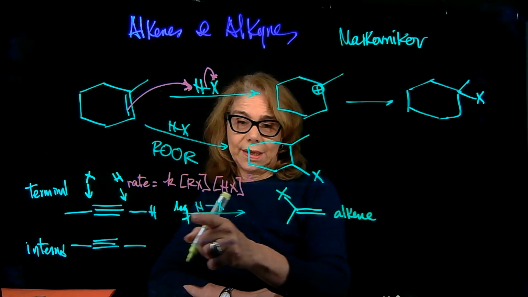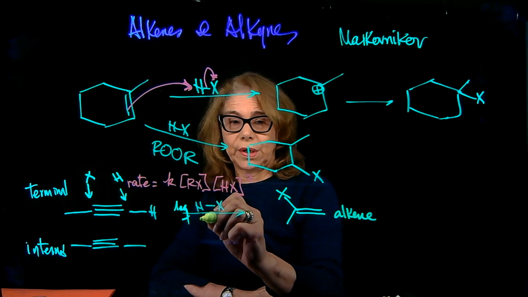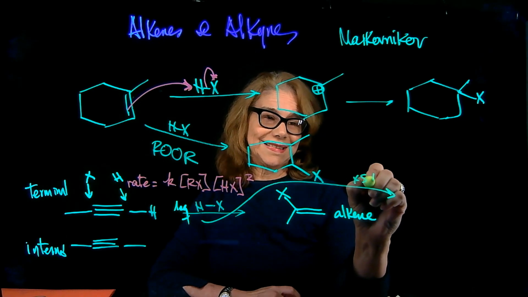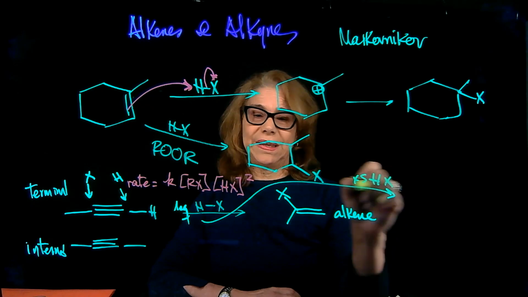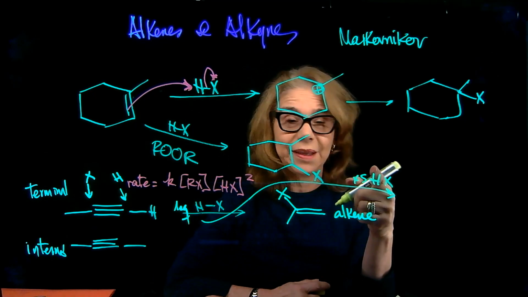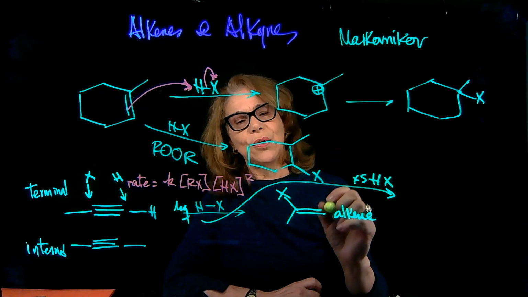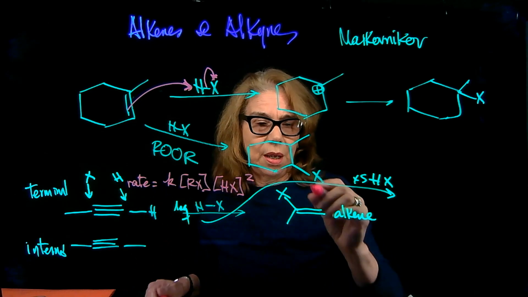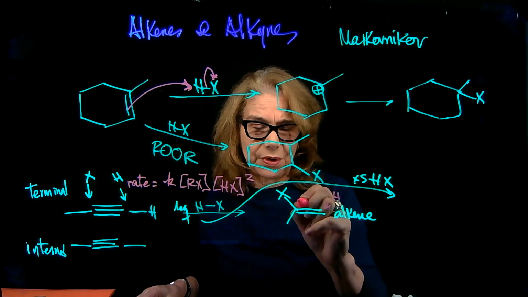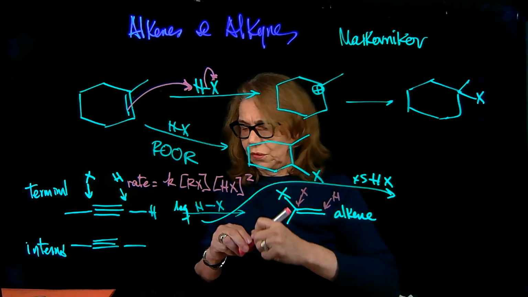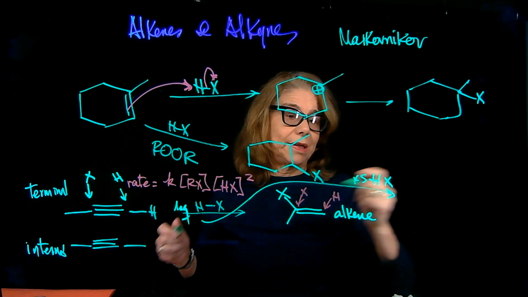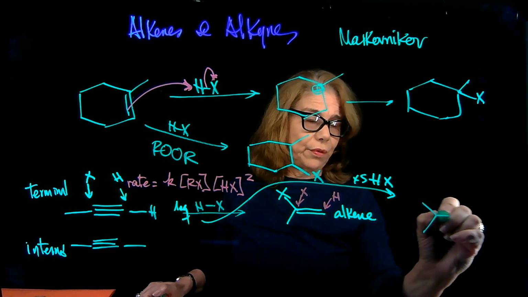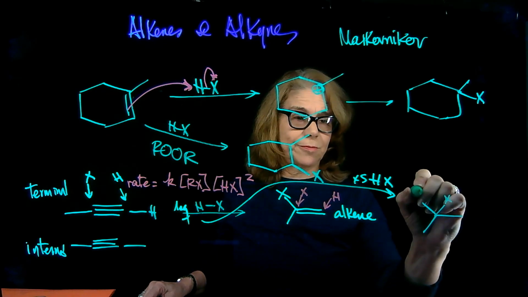Now, if you have two equivalents, or you're working in excess of HX, you will add twice in Markovnikov fashion. From the alkene, you can add the H here and the X here, so you will end up adding two molecules of HX. Your final product will have this.